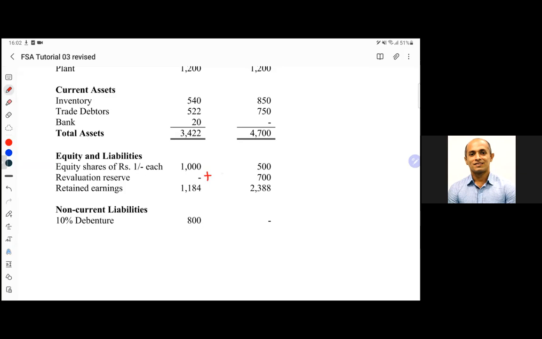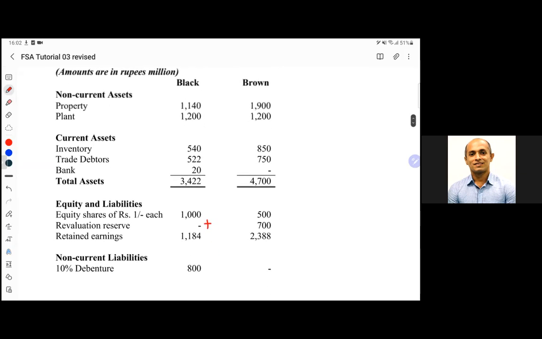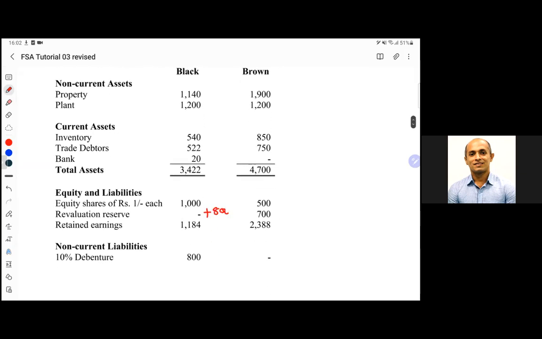So the revaluation reserve of Black increases by 800. Currently, there is no revaluation reserve for Black. So this revaluation gain comes to the revaluation reserve.